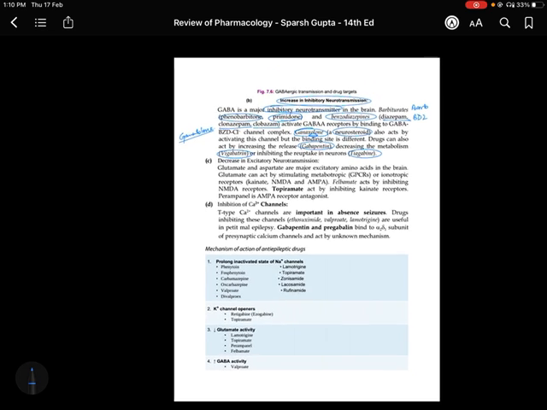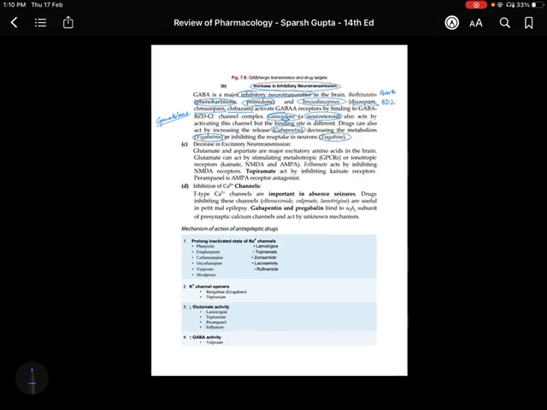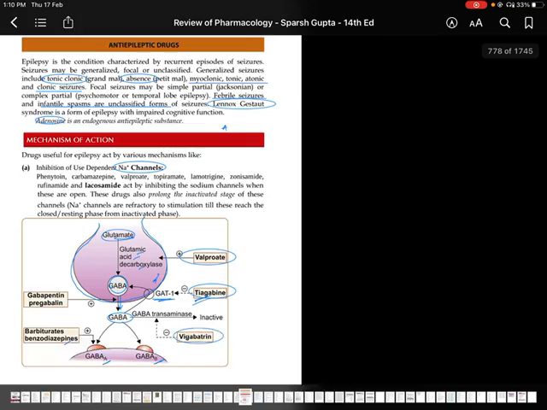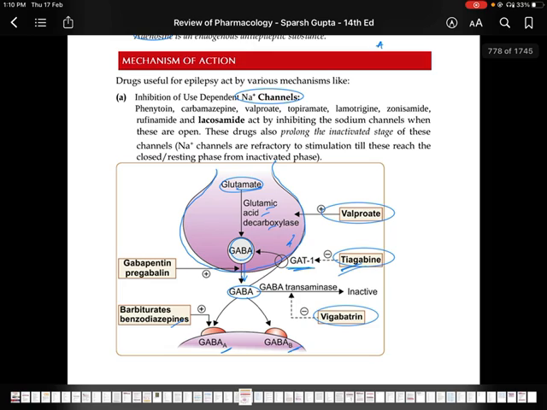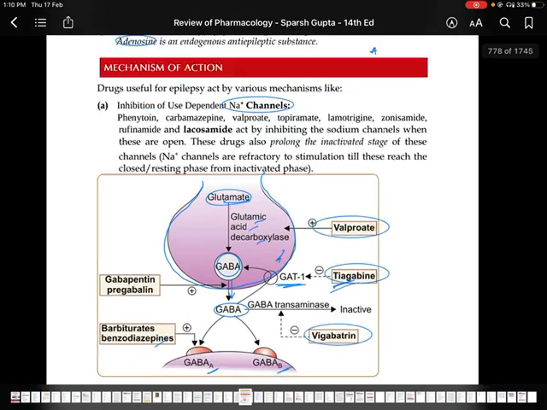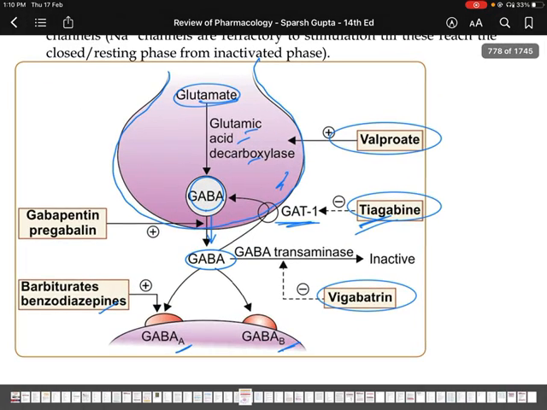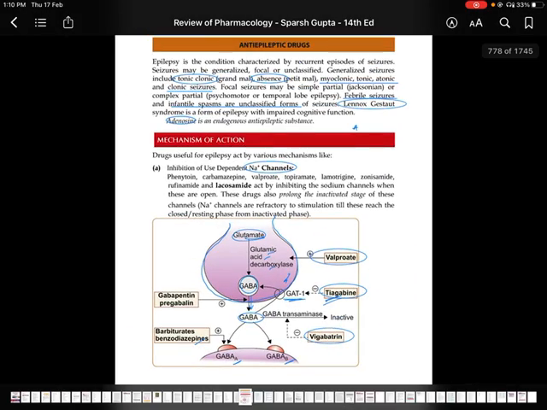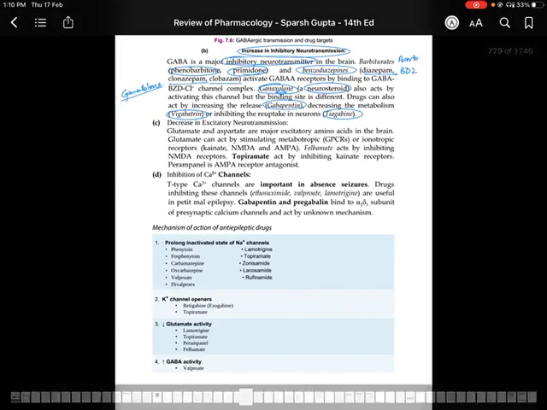Yes, because we read here. So vigabatrin is inhibiting the metabolism. Tiagabine is inhibiting the reuptake, and gabapentin is increasing the release.